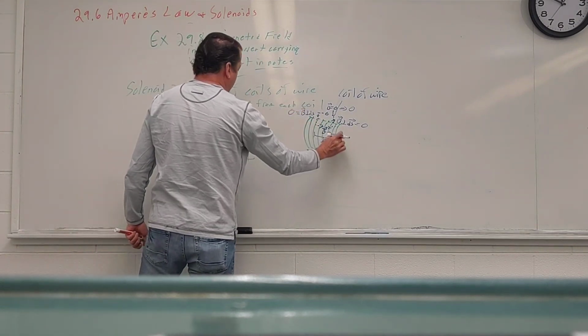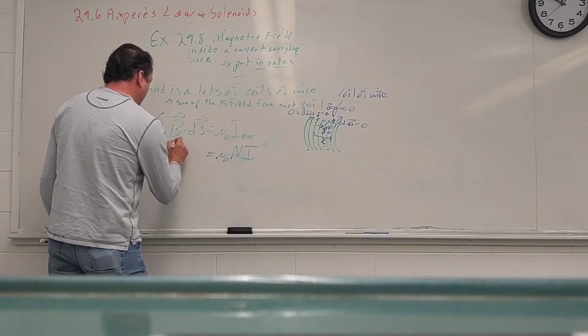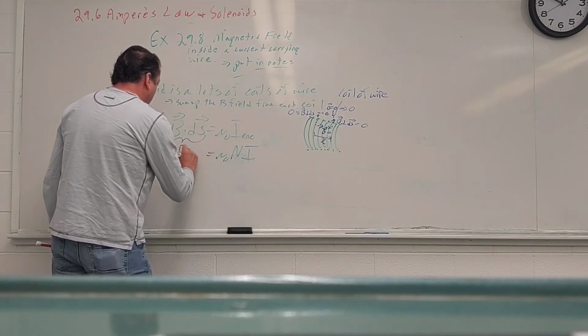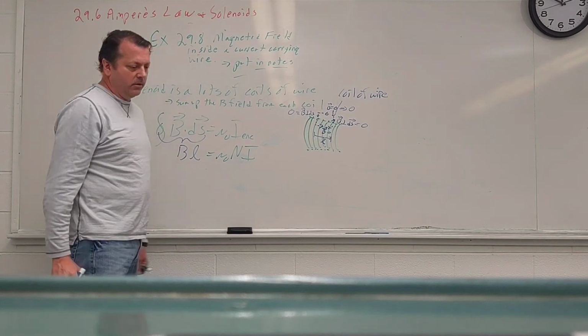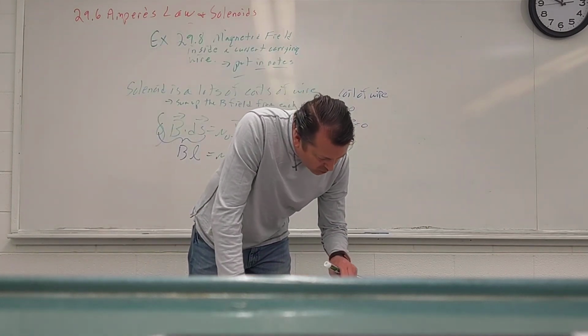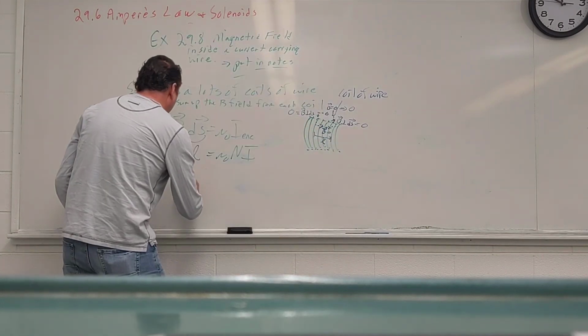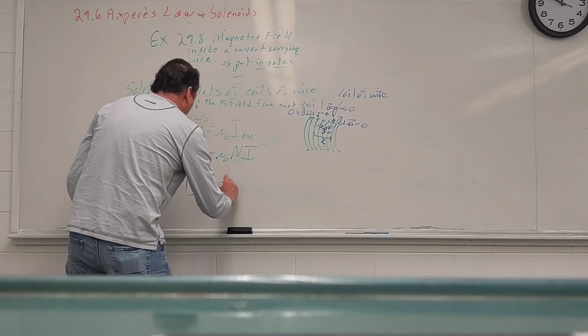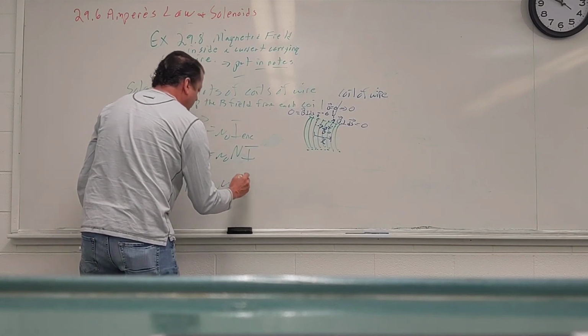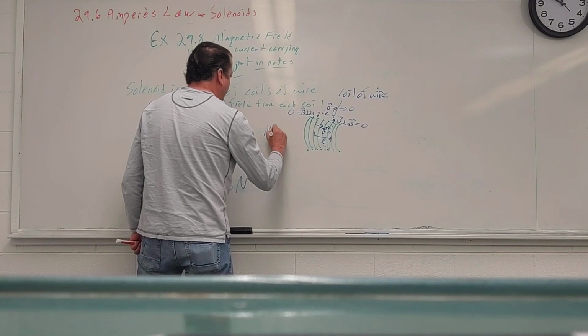That's just B times that length, so we get B times L. Then you get that the B field is mu naught N I over L, where N is the number of turns of wire, sometimes called the number of coils. I didn't define that.